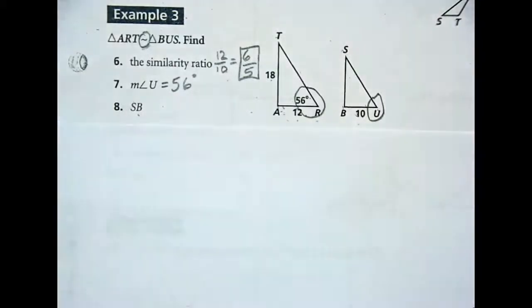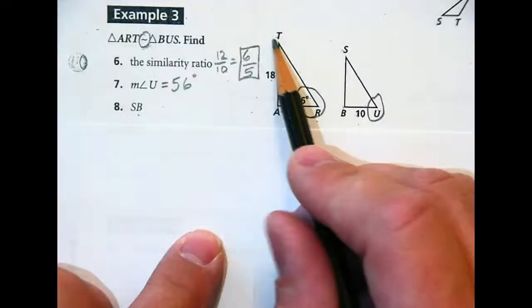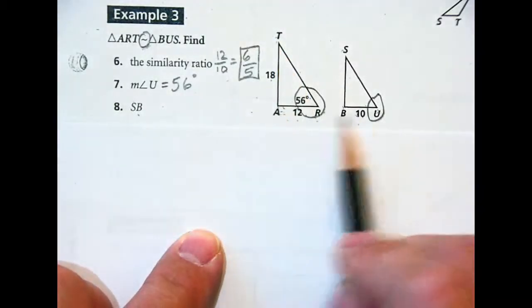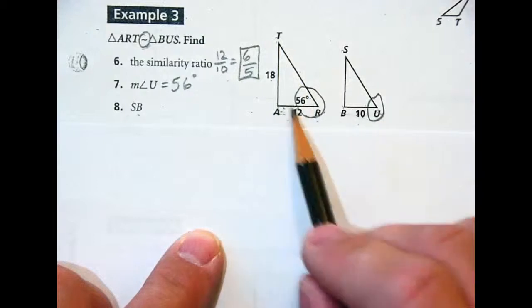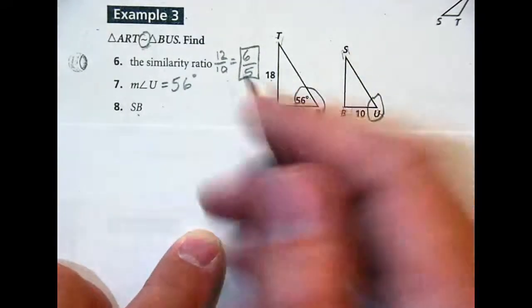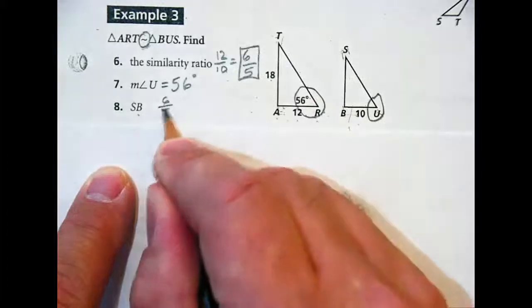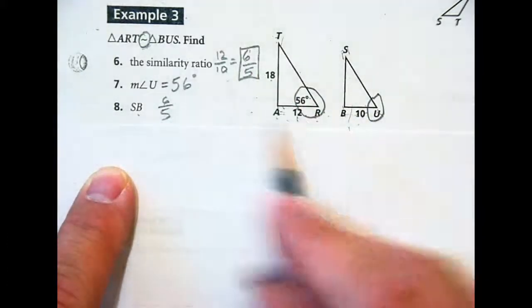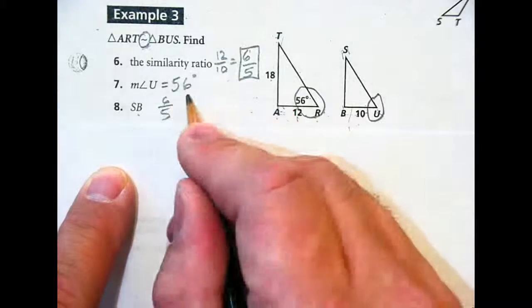How about SB? Well, if we know A to R is to BU as AT is to SB, and we know that 6 is to 5, that's our similarity ratio. So on the top, we're dealing with our big triangle.